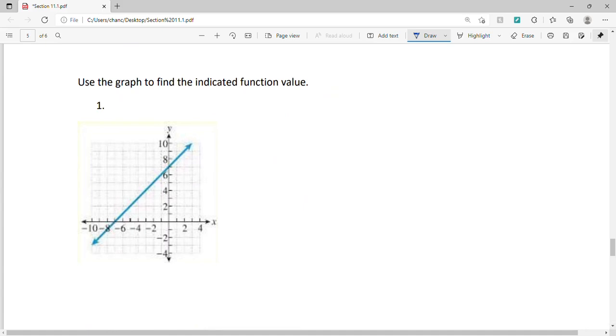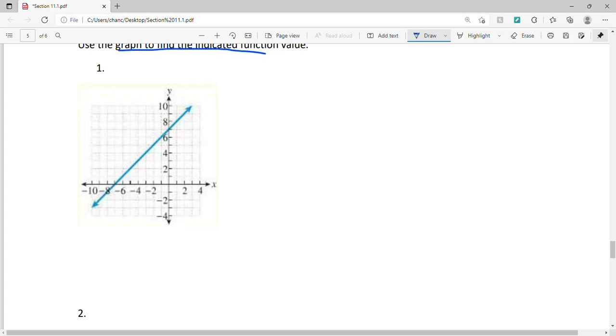It says, use the graph to find the indicated function value. So I'm going to give you some questions here for this example. Let's suppose I asked you to find f of 0. Well, f of 0 basically means the x coordinate is 0, and I want you to find the output. The output is the y coordinate.